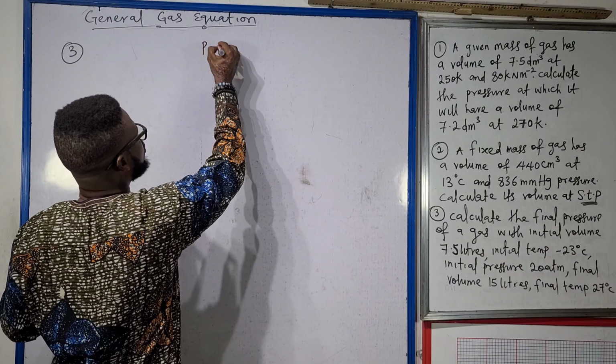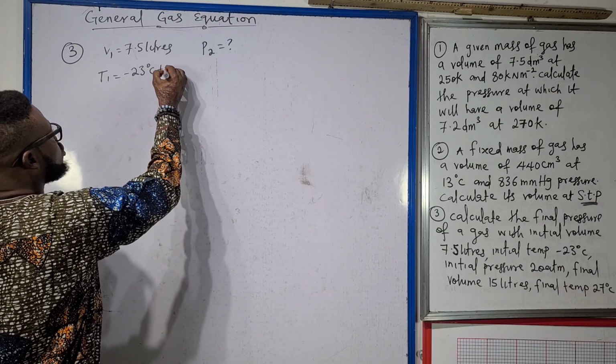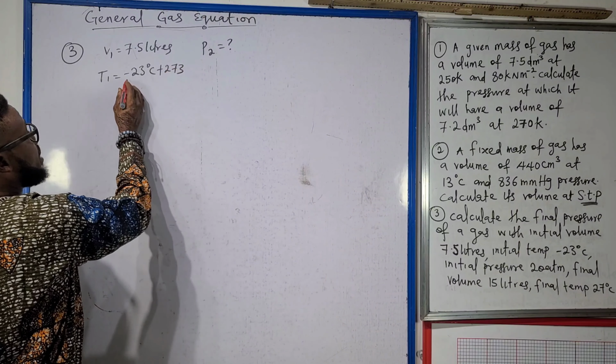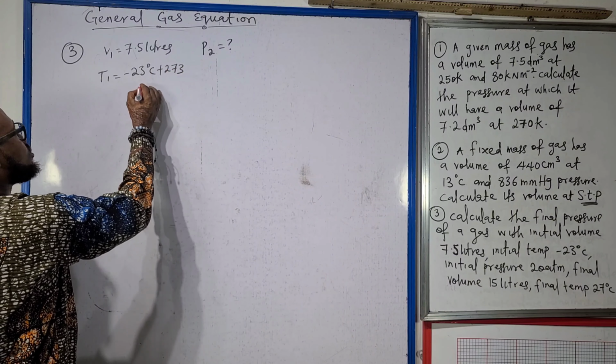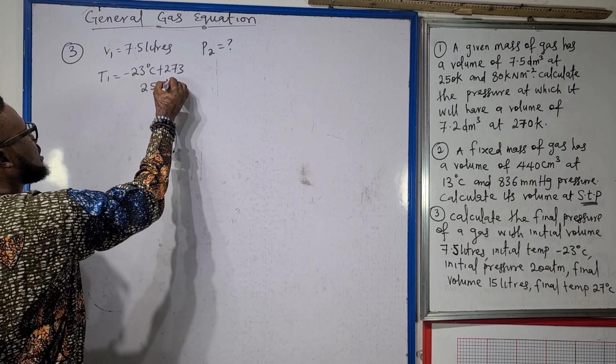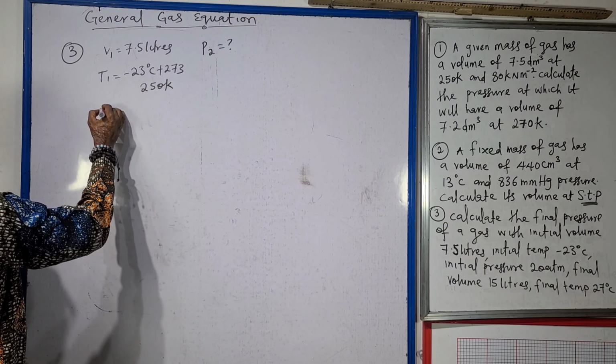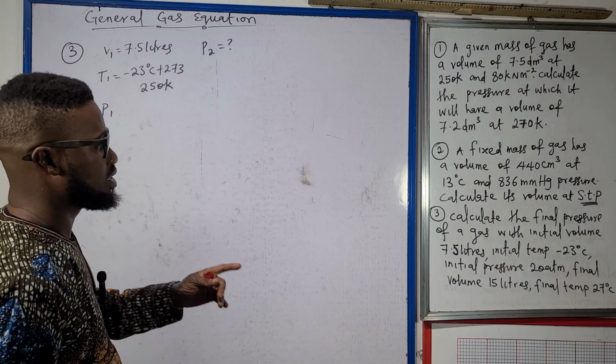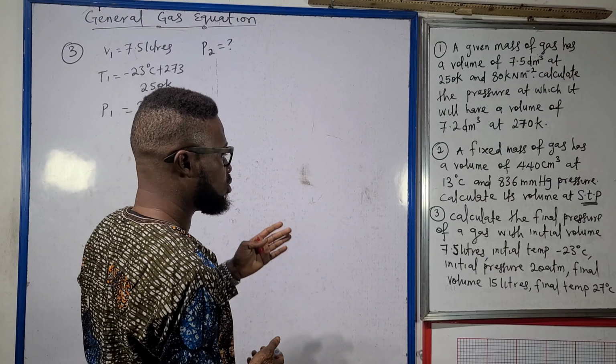So T1 equals minus 23 degrees Celsius. Of course, we have to convert it, that is plus 273. Minus 23 plus 273 gives us 250 Kelvin. And then P1, the initial pressure, is 20 atmosphere. We're told to look for the final pressure.